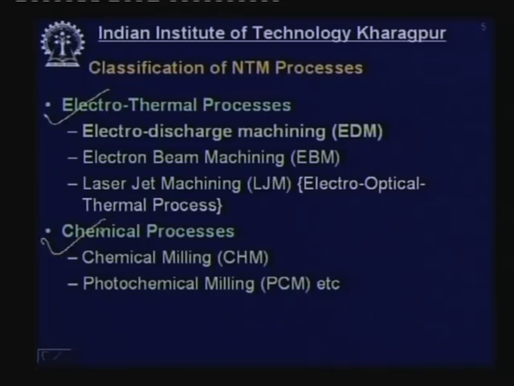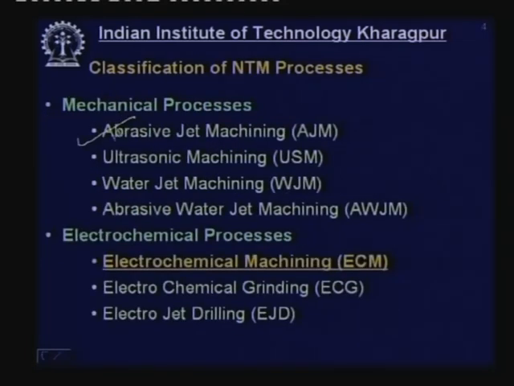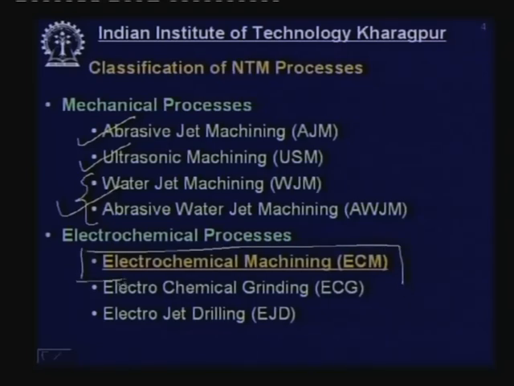Before today's lecture, we have already covered electrodischarge machining. We have covered abrasive jet machining, ultrasonic machining, and water and abrasive jet machining, which belong to mechanical processes. Today our aim is to understand the basics of electrochemical machining, which belongs to the electrochemical process segment.